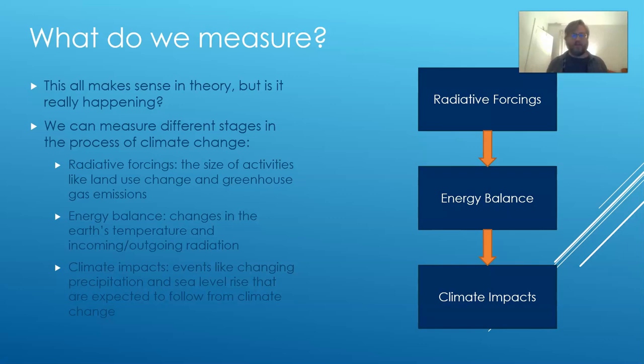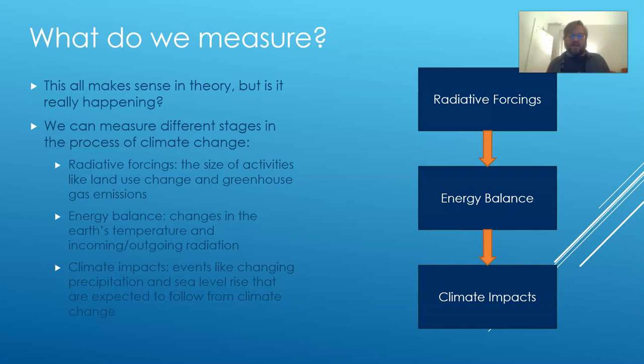We can also measure the elements of the Earth's energy balance that is shaped by those radiative forcings. So our energy balance, we're looking at energy coming into the Earth, energy going out of the Earth, and the temperature of the Earth. Those 3 things are linked together, in that our temperature rises or falls to balance out the energy coming in and energy going out, so we can measure those things.